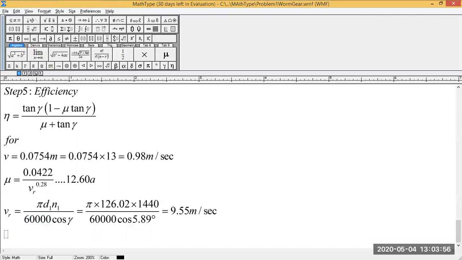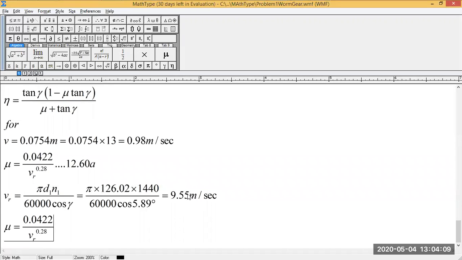Okay, so now we have found VR. So that means we can find the value of mu. So let me copy this. So mu here has VR, and we can input 9.55.